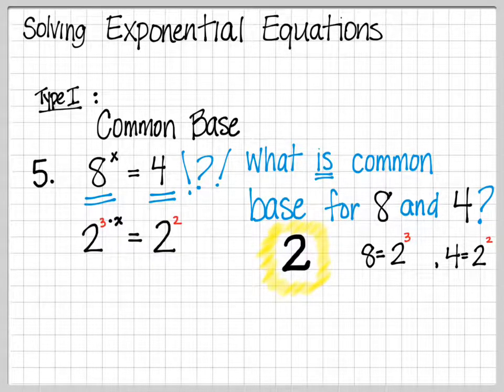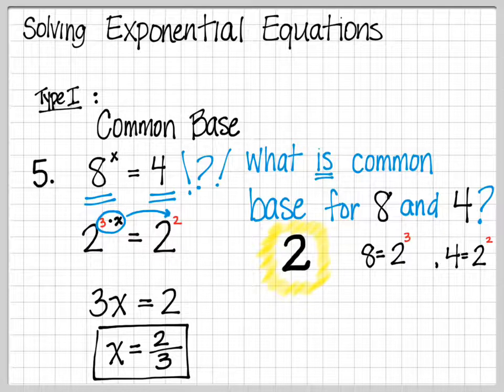So I rewrite that. Instead of 8 to the x, I have 2 cubed to the x, which is 2 to the 3x. Instead of 4, I write 2 squared. Now both left and right side have the same base, and therefore 3x is the same as 2. And we solve and we have x equals 2/3.